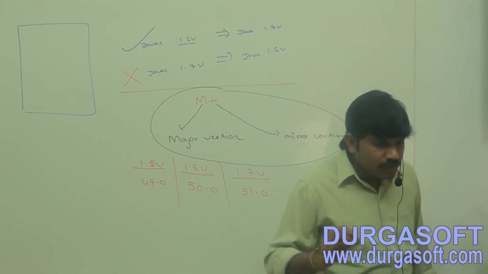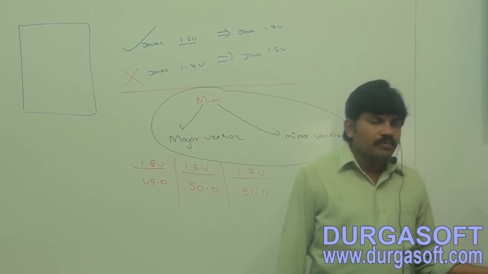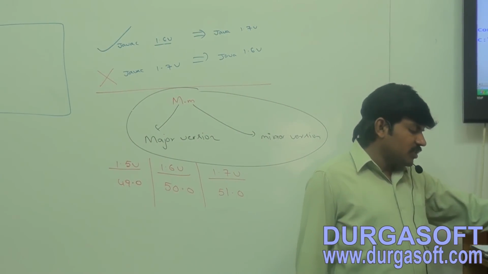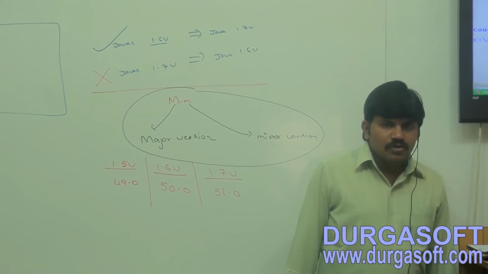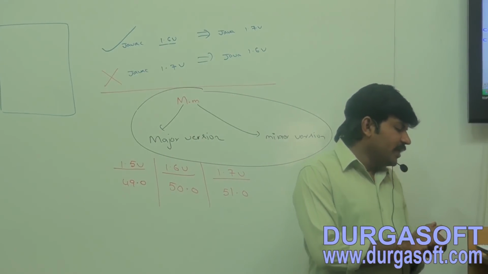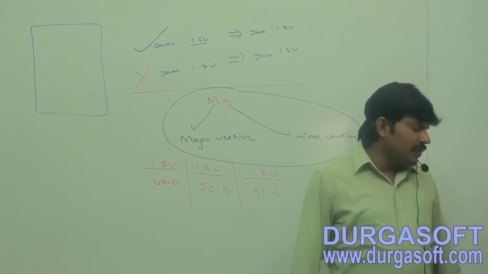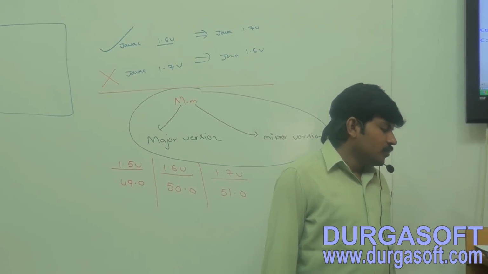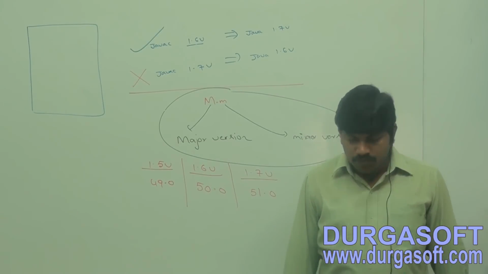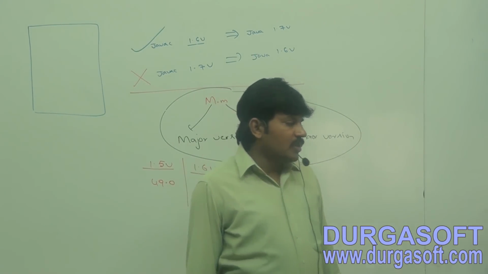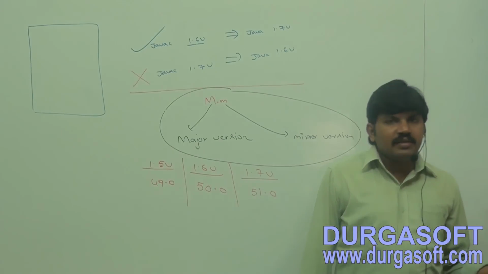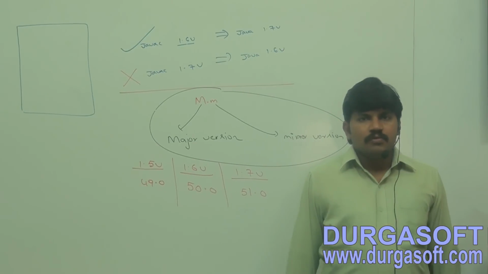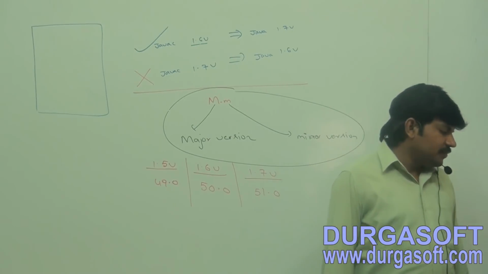Next, the JVM will use these versions to identify which version of compiler generated the current dot class file.